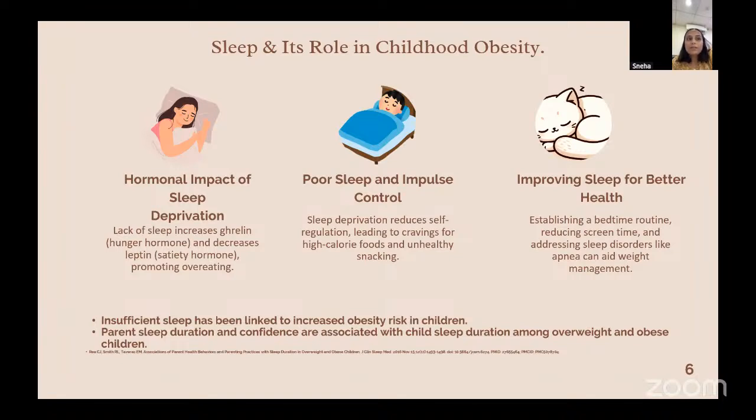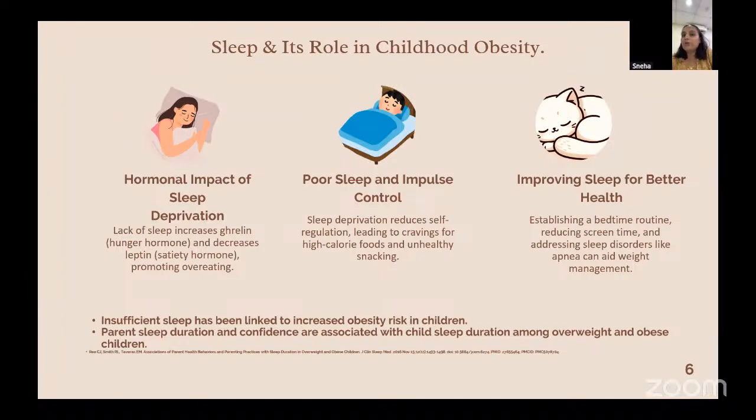Poor sleep also affects impulse control, because whenever we don't get proper sleep, it impairs our judgment and decision making. So improving sleep is important for better health. Insufficient sleep has been linked to increased obesity risk in children. Parent sleep duration also matters.